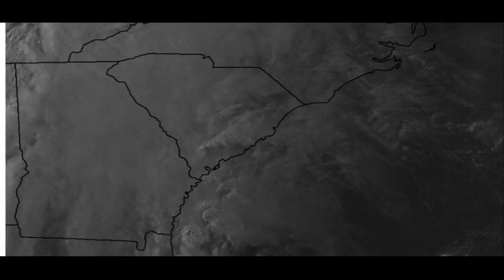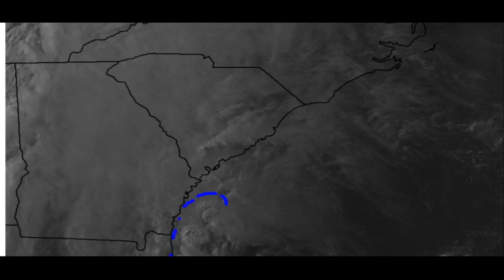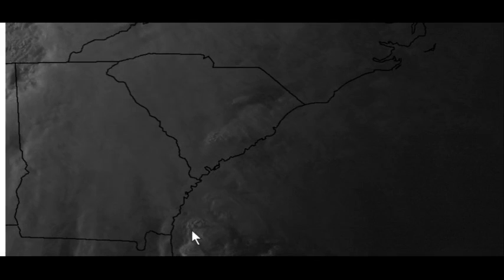This will take us a little bit closer into that area. And we can see one strong storm here north of Charleston and another one here. And otherwise, that's about it for that area. And then we've got a couple cells off the coast of Jacksonville, and those appear to be moving to the northeast like that.